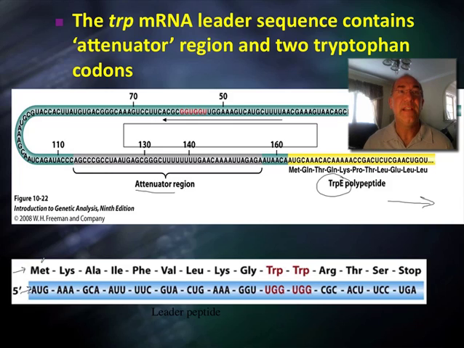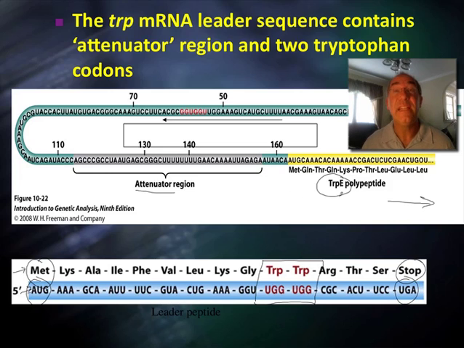And as you can see, there's a start codon and there's a stop codon here. What's special about this particular protein is that it contains 2 codons, UGG, UGG, that require the tryptophan amino acid.